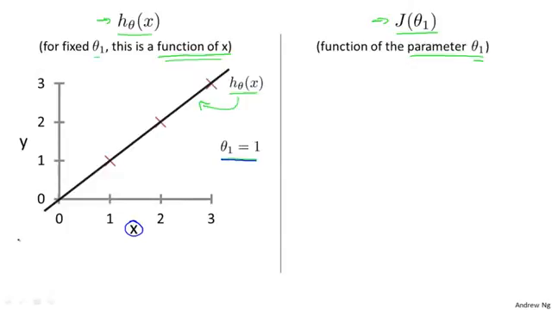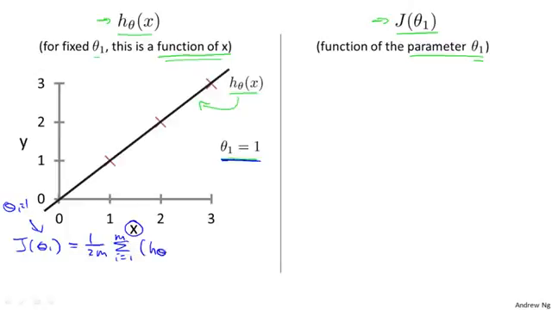What I want to do is figure out what is J of theta 1 when theta 1 equals 1. So let's go ahead and compute what the cost function is for the value 1. Well, as usual, my cost function is defined as follows, right?